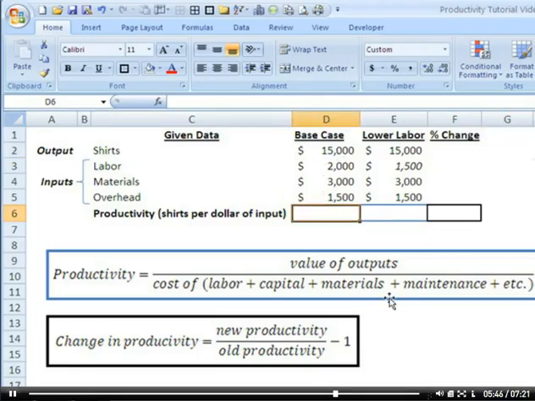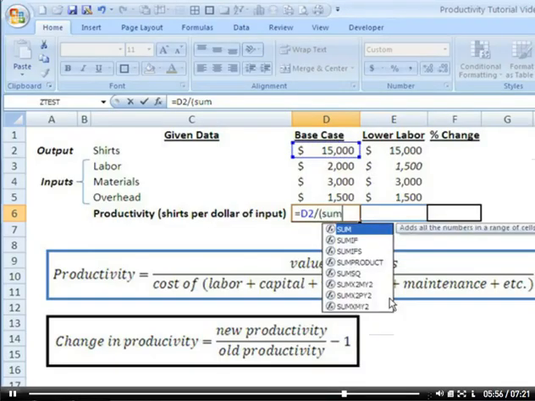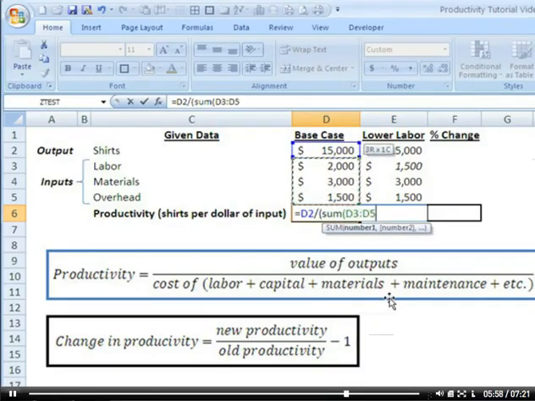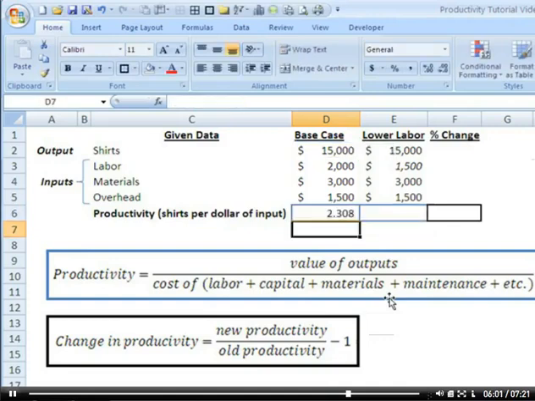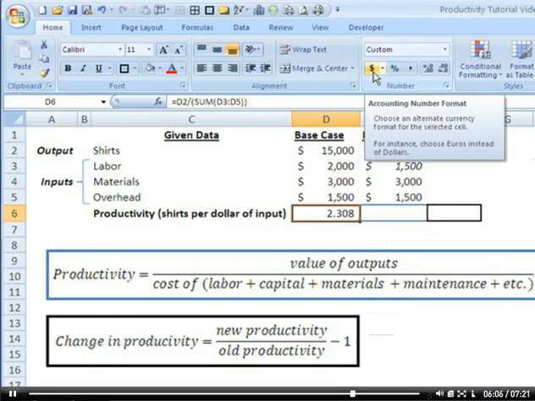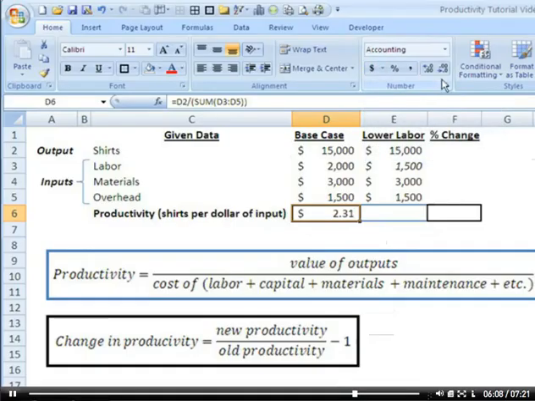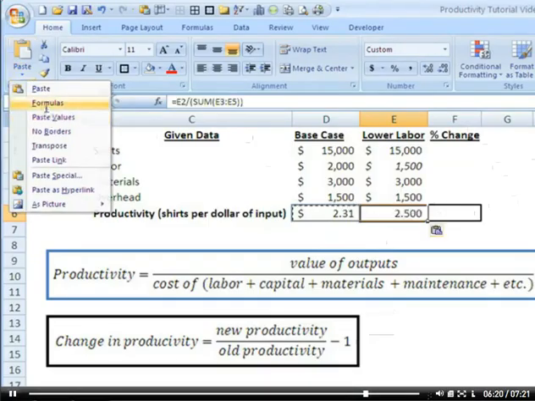So we do the same equation as we did before, an output of $15,000, and divide that by the sum of the inputs, and that gives us 2.308. Now, since all values are in terms of dollars, then we could say here that for every dollar of input, we get $2.31 of output.